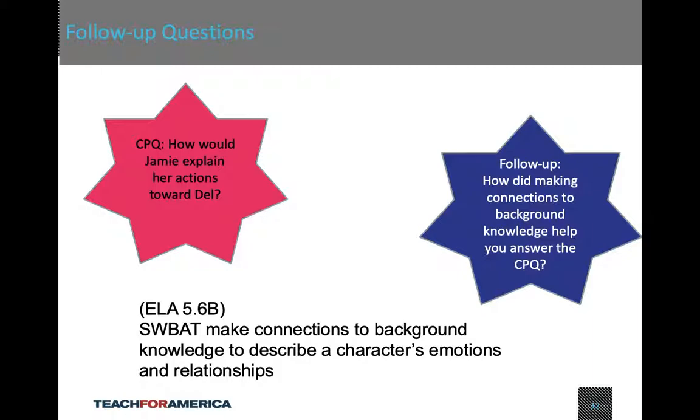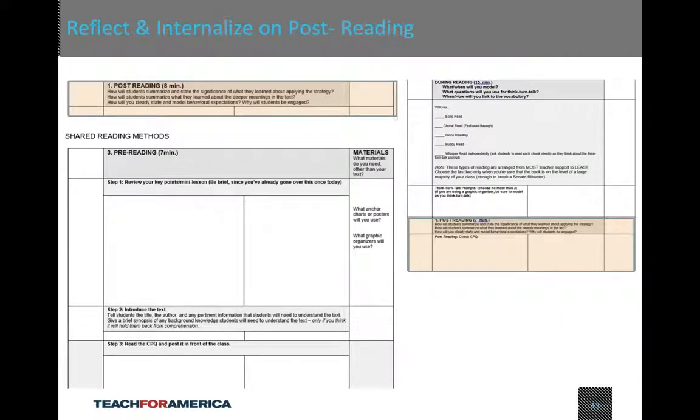So one of the follow-up questions might be, how did making connections to background knowledge help you answer the CPQ today? These connections are really important for students to not only answer the question that we're asking for their comprehension, but making connections to strategies so that they'll be successful in using this again.